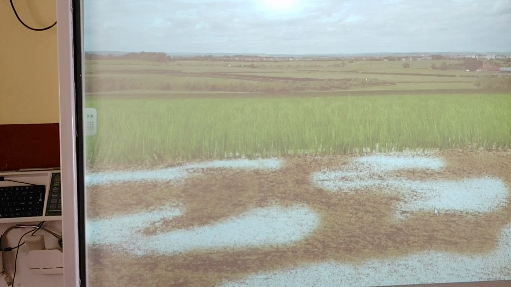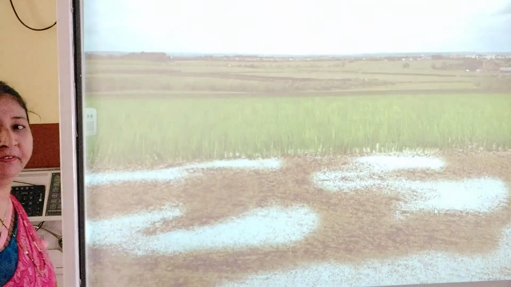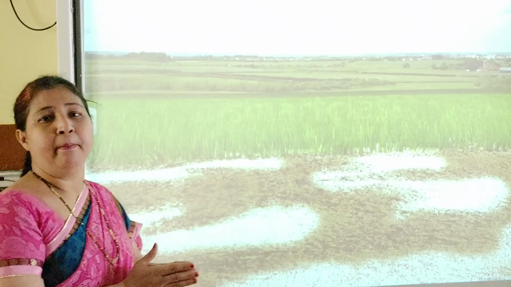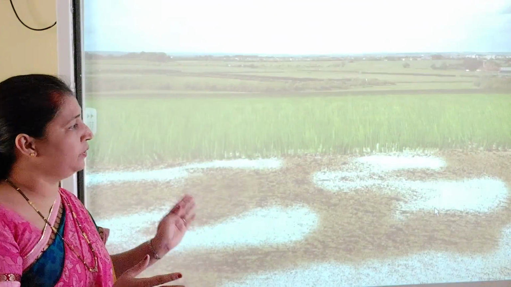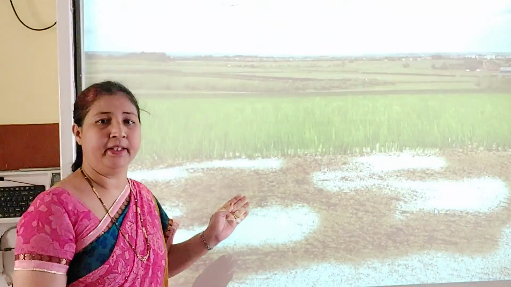One more application of neutralization is waste treatment. So first, if the soil is more acidic, a base is added and it is neutralized. If it contains more base, organic compost is added, or an acid is added to neutralize it. In this way they neutralize it and then they cultivate the crops.